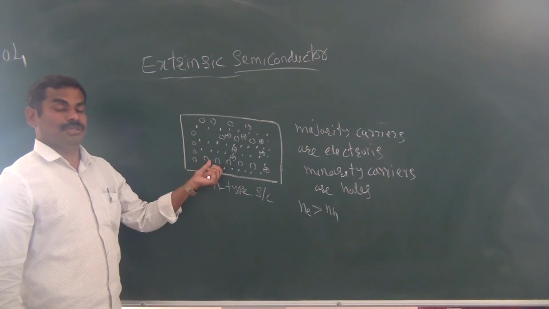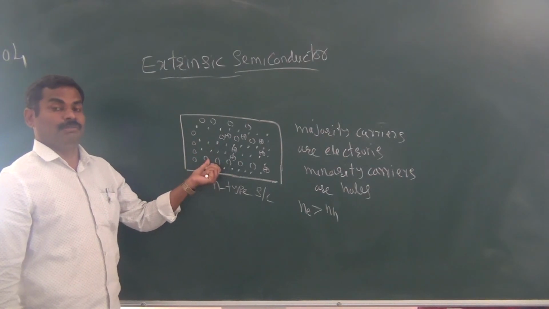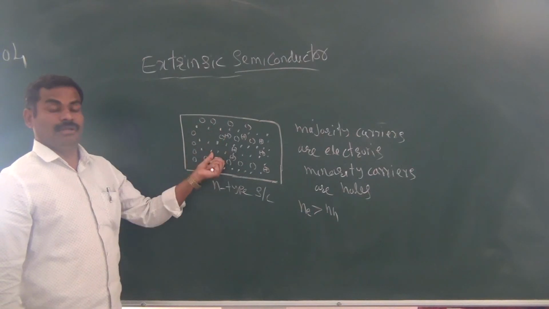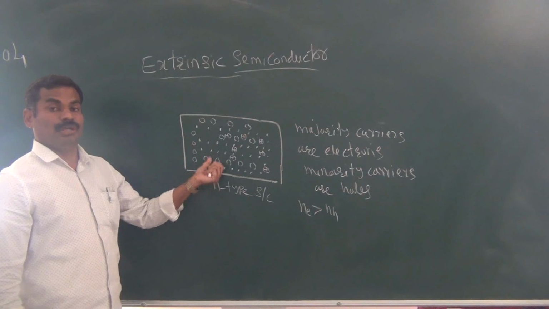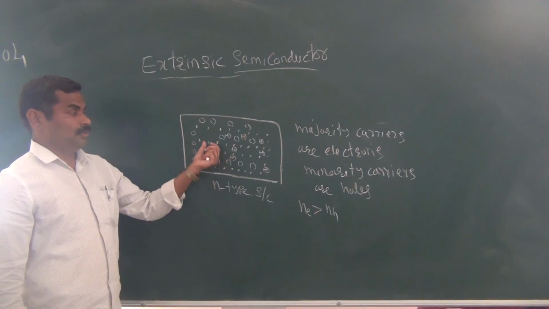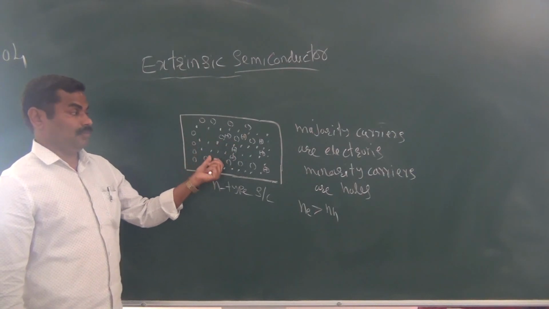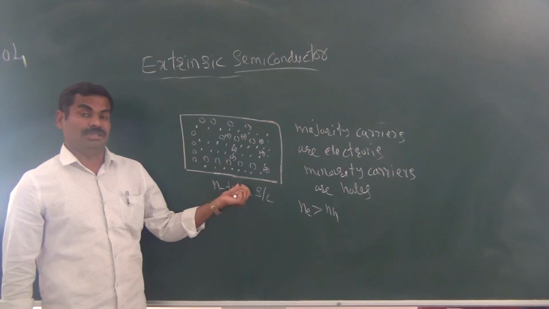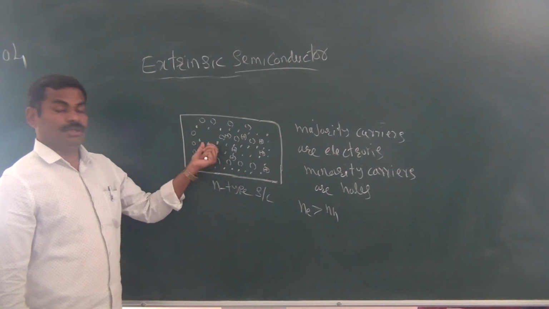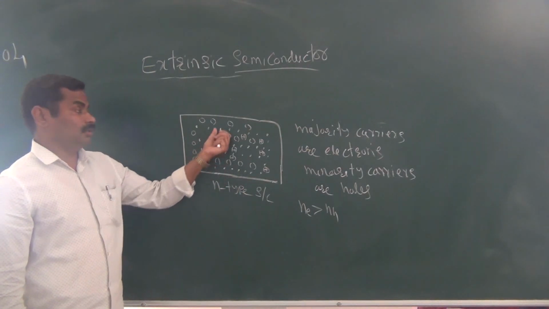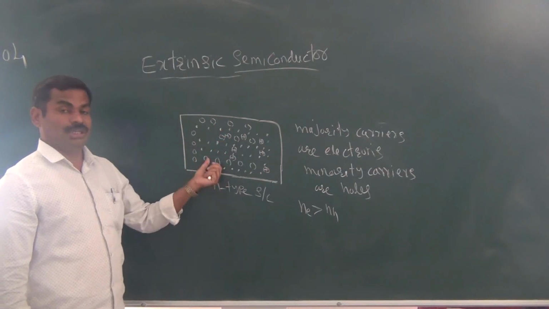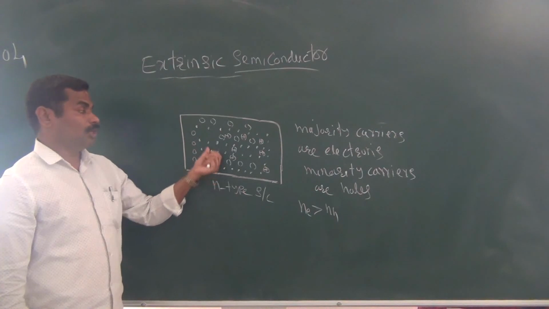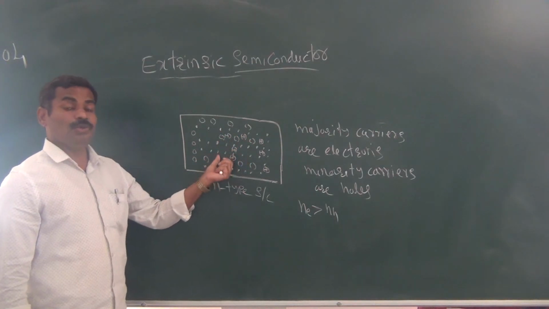The hole is generated while breaking a covalent bond, and we know already that whenever you break a covalent bond, the electron and hole come in pairs. This is about the majority and minority carriers in the n-type semiconductor. No doubt the electrons are the majority carriers, very many, but holes are very few compared to electrons. But we also have the positive ions.